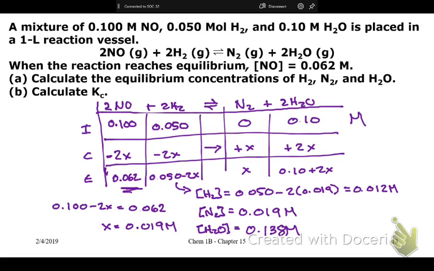And this one's 0.1 plus 2x, and in my head, the reason I screwed it the first time, I was trying to subtract it for some reason. So those are all my equilibrium concentrations, and now I can calculate the value for K, so I could say K equals something. Okay? Anybody do that already?